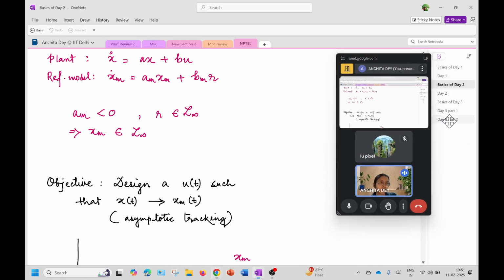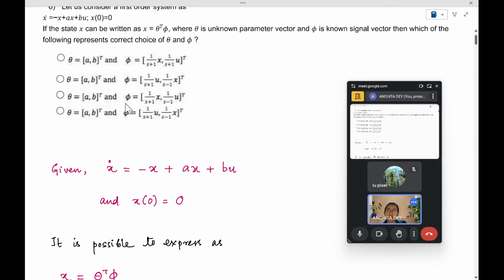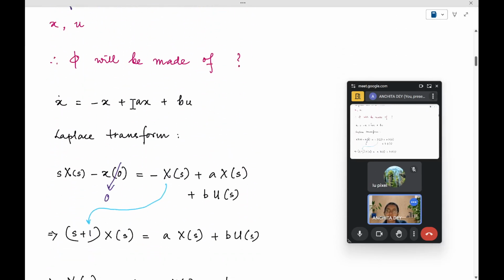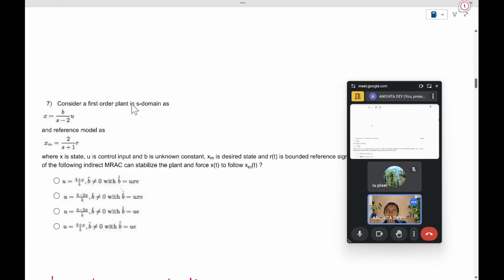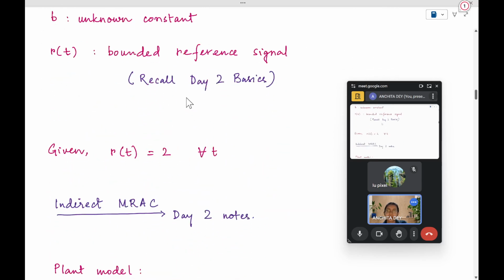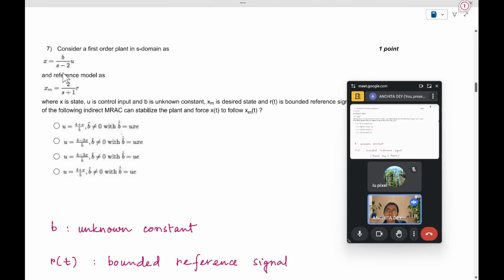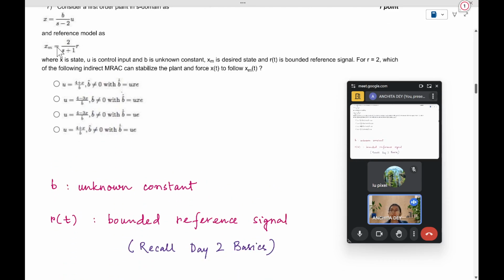If we go to the question here, we see the same thing. Here R is equal to 2 for all t, that means it's bounded, it belongs to L infinity. And for the transfer function representation of the reference model, we have s plus 1 in the denominator.